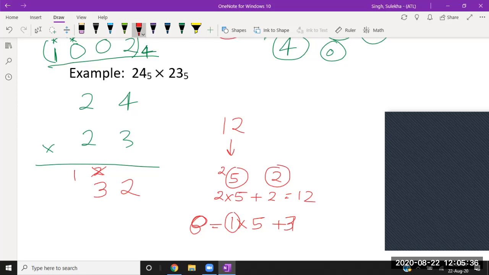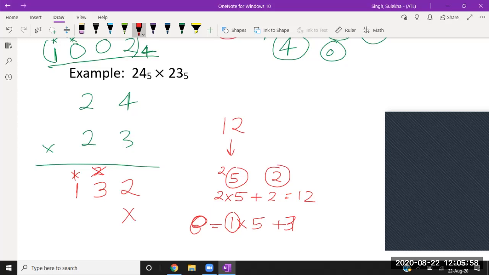Since there is no further multiplication of this 3 in the next step, I can write this carry as my number. So if I multiply 3 base 5 with 24 base 5, I am landing with 132 base 5. Then I need to shift.